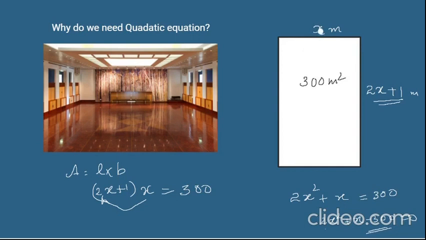Once we get the value, we can substitute it here and easily find the length and breadth. So this is the condition that the person has told you. You have to build a room or hall like this under this condition. So this is a situation where we are using a quadratic equation.